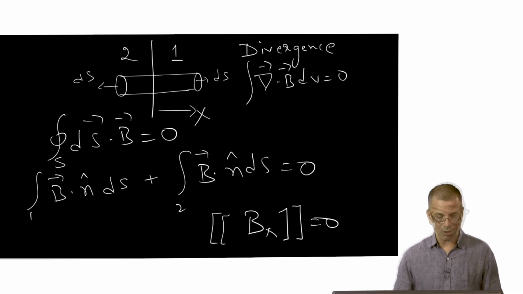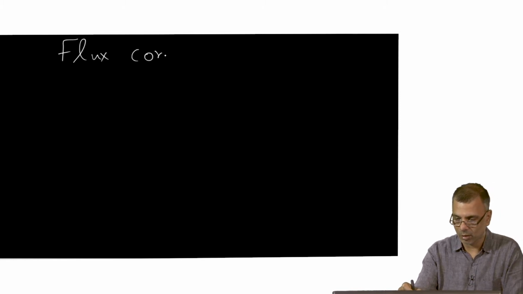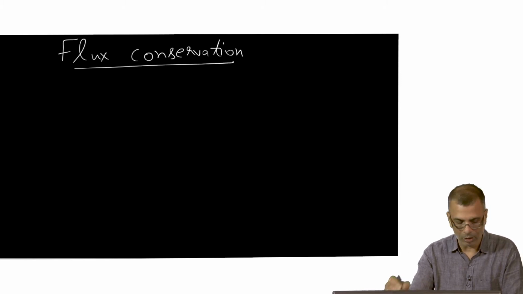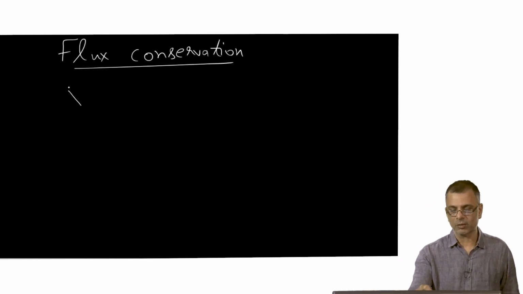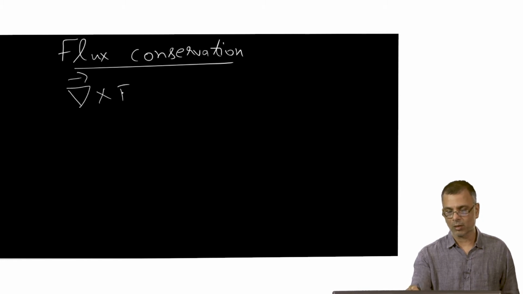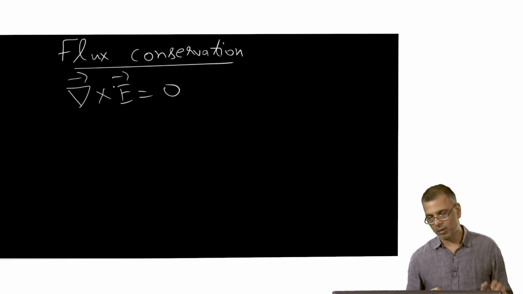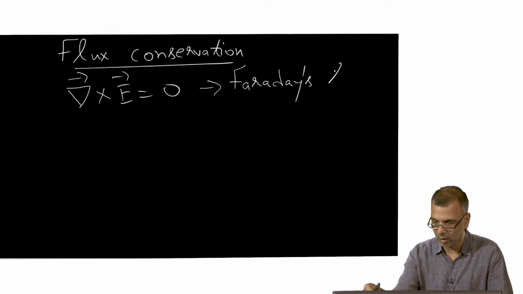So next one is conservation of flux, magnetic flux conservation. How does that work out? Well, in steady state, Faraday's law simply tells you, and we will soon write E in terms of B. So this is Faraday's law in steady state.